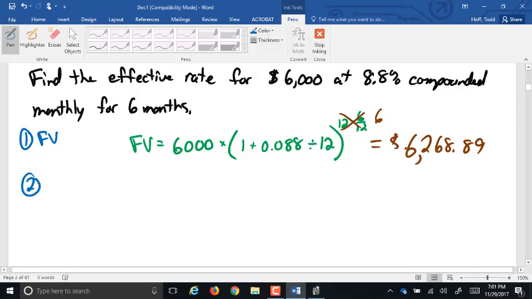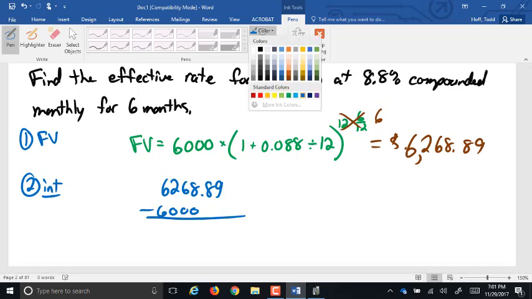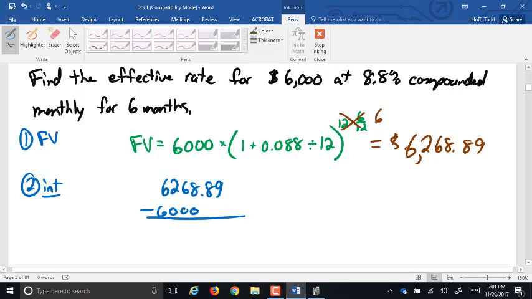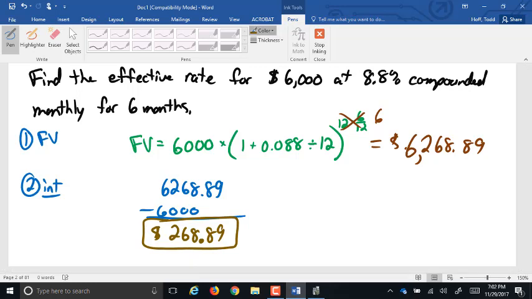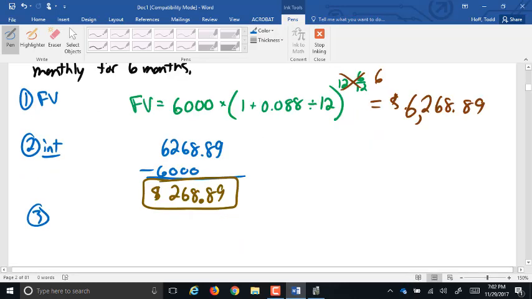Step 2 is find the interest. So yes, we subtract the present value to get $268.89. And then finally, we will plug this into I equals PRT to get the effective rate.